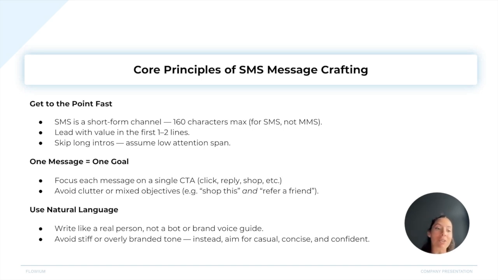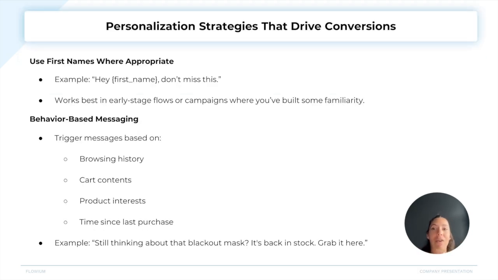So focus on a single CTA, same thing with email marketing, and avoid clutter, meandering off the point, multiple CTAs, etc. And then finally, use natural language. So you want to blend in like you're one of your customers' besties. So talk to them as if they're a real person instead of just shooting robotic marketing language at them.